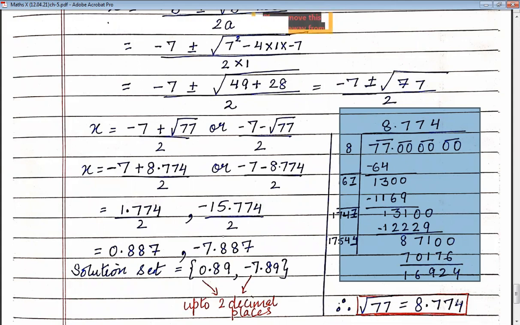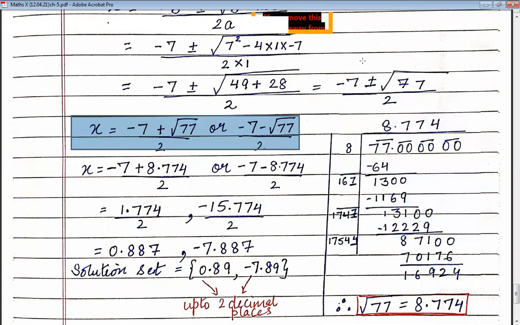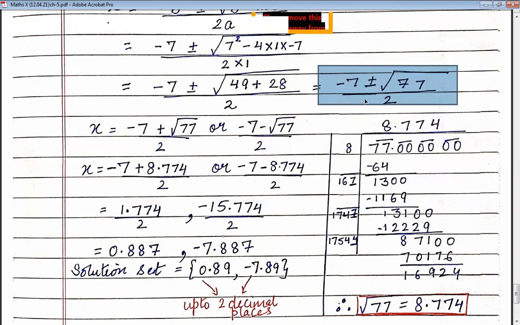Okay, and now you have to substitute, because it is plus minus, you will get two values here. The first value is minus 7 plus root 77 upon 2, or minus 7 minus root 77 upon 2.